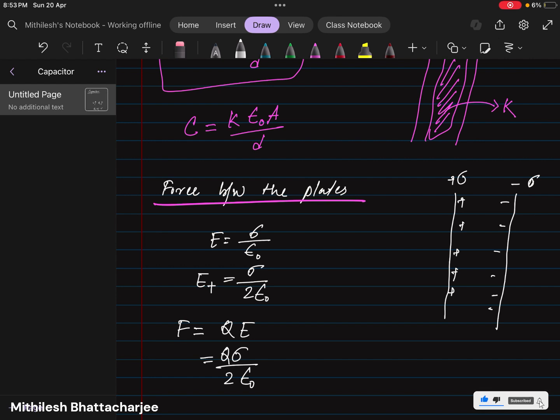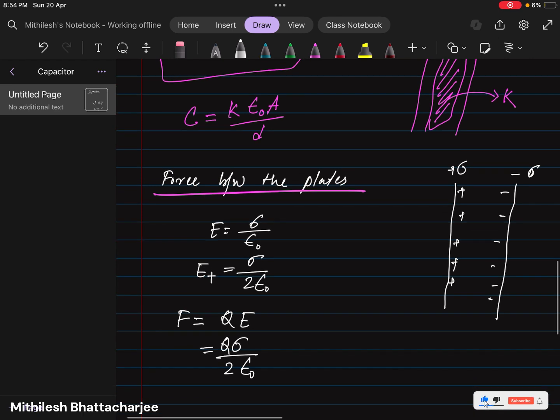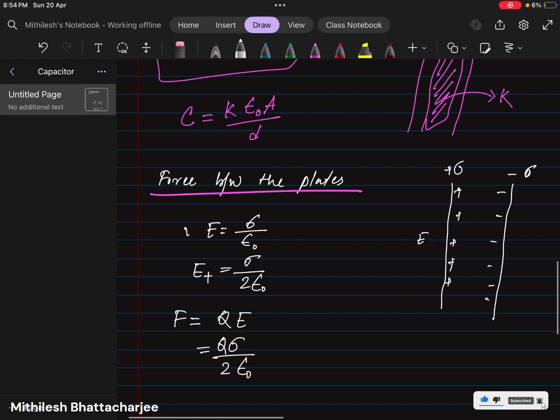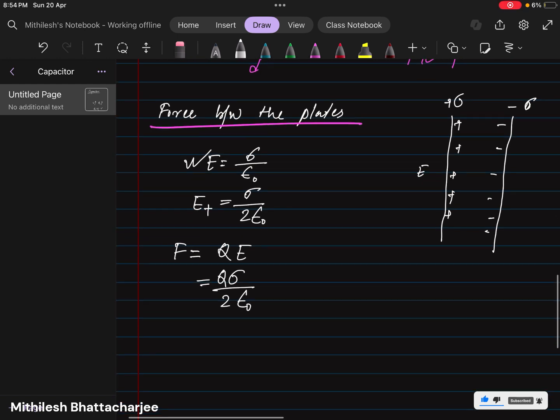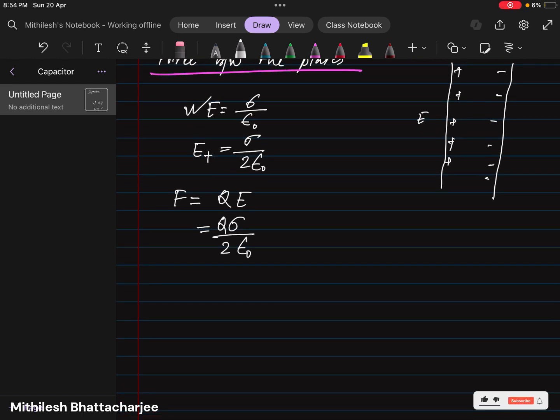So force will be Q sigma by 2 epsilon naught. If E is the total electric field, then sigma will be E into epsilon naught.